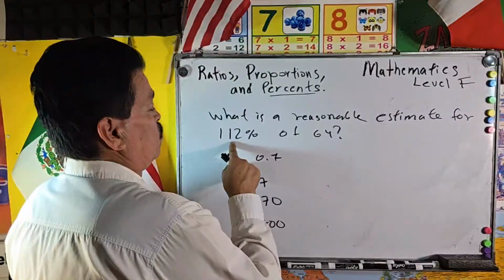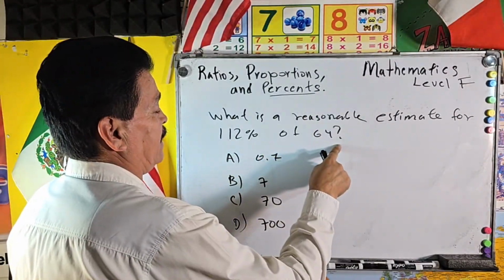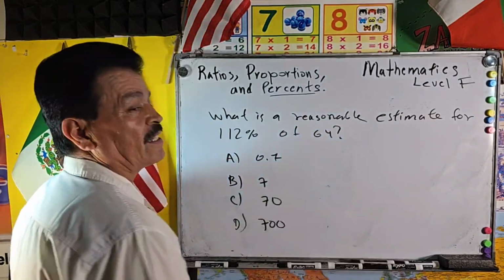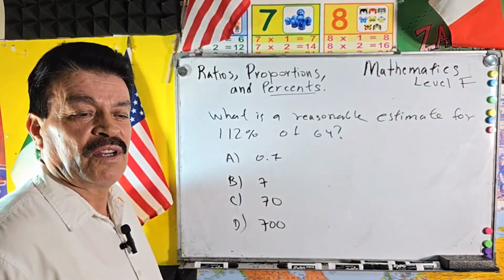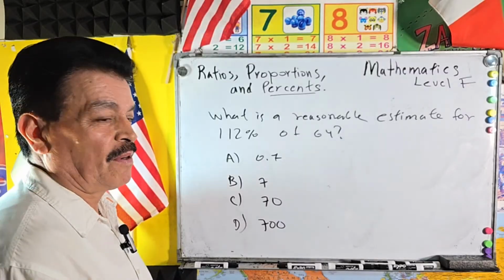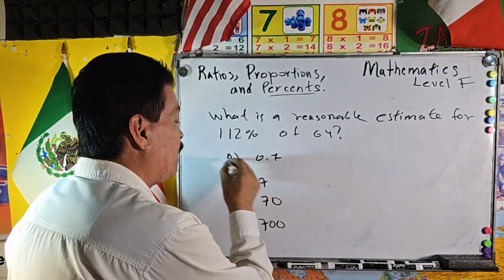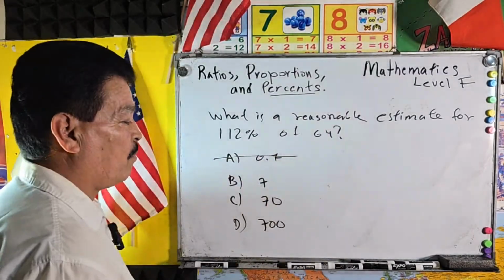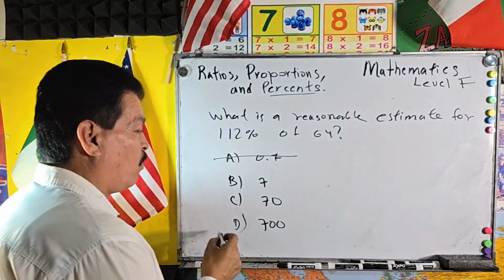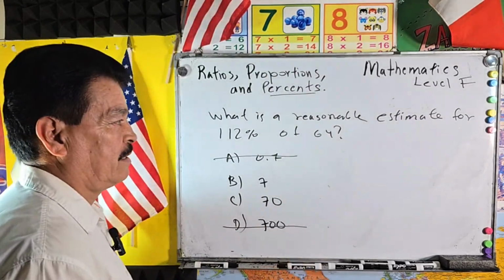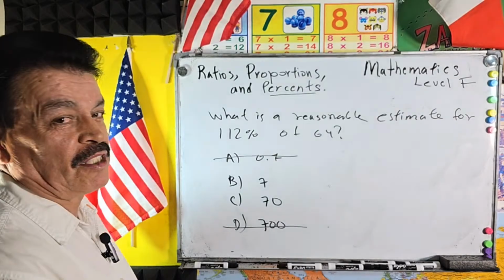112% of 64 is another 64, more than 64, right? This means more than 64. So this is completely wrong. This one, completely wrong. And also this one, it's not possible, right?